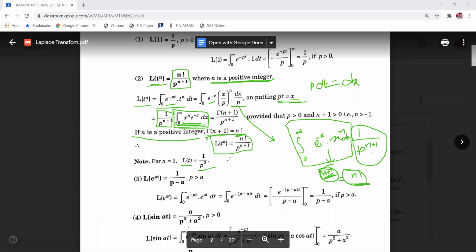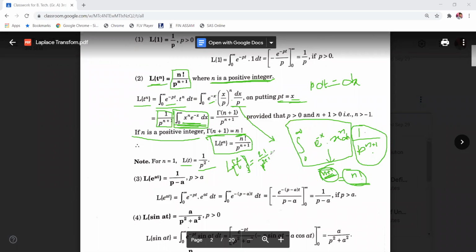Similarly, you can find the Laplace transform of t square. This time n is equal to 2. So factorial 2 divided by p to the power 2 plus 1.